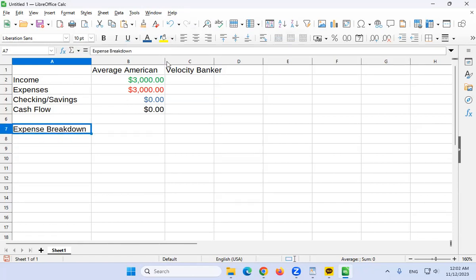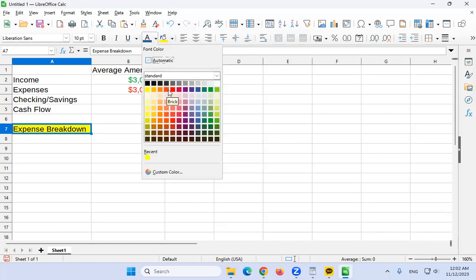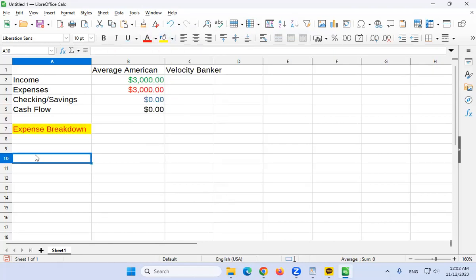So let's highlight that to make it red. And what we're going to do is write down all of our expenses. What's really important is that we write down every single debt that we have, because every single debt that we have is cash flow that we recover once the debt is paid off.